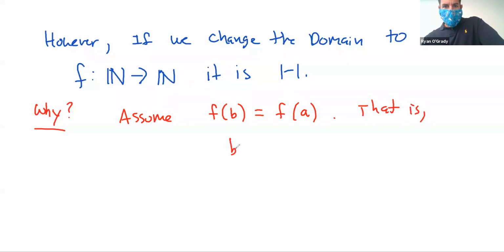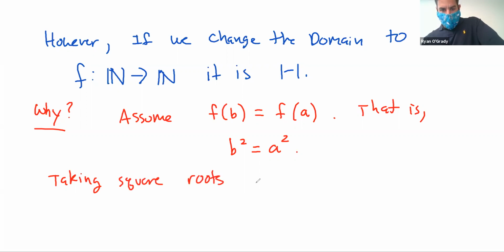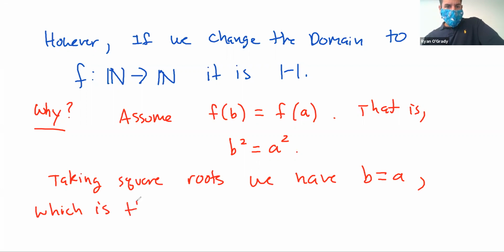That is, b squared equals a squared. Taking square roots, we have b equals a. Which is the definition of one-to-one.